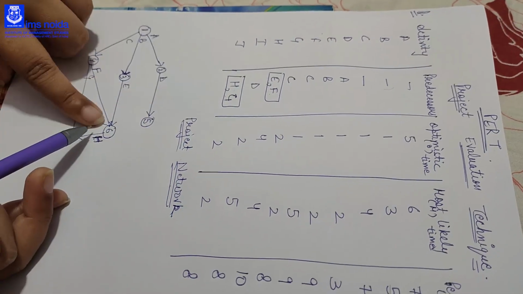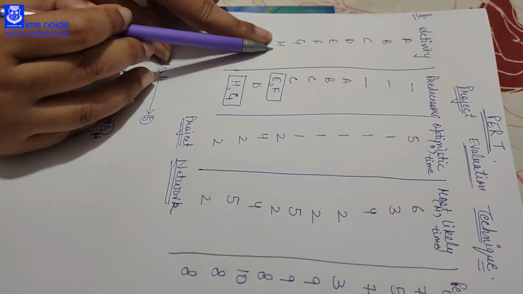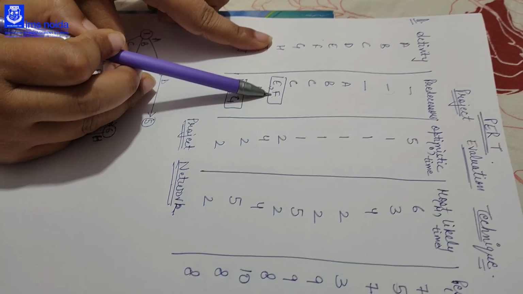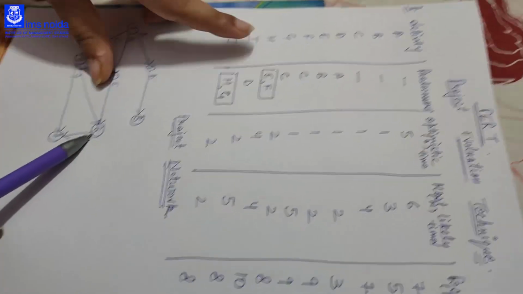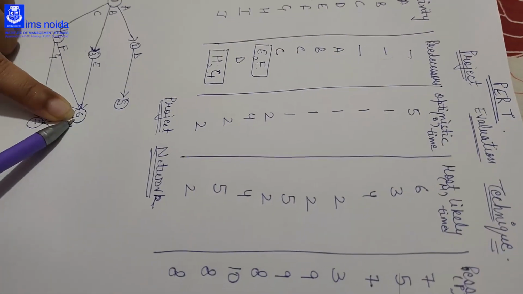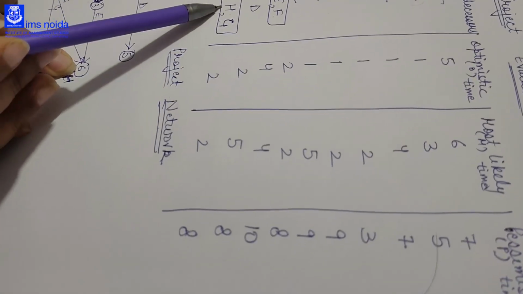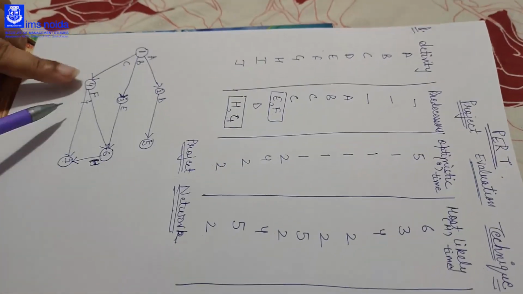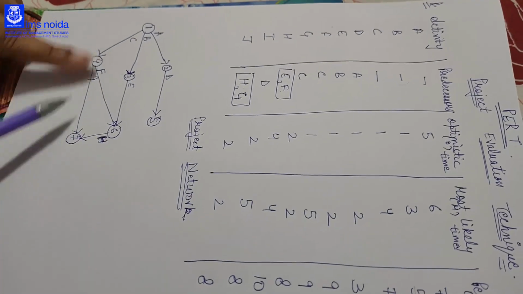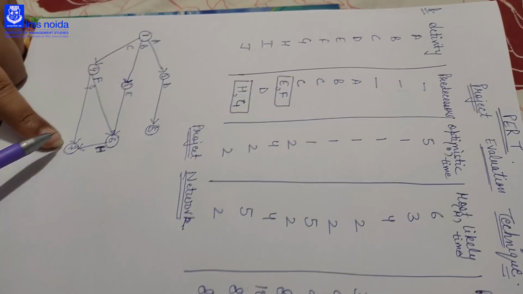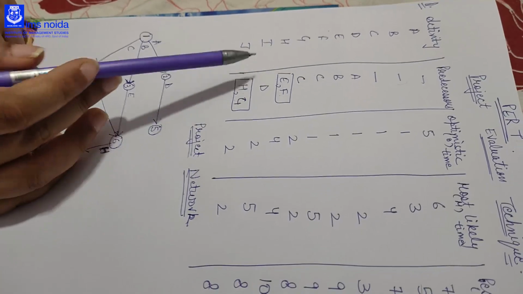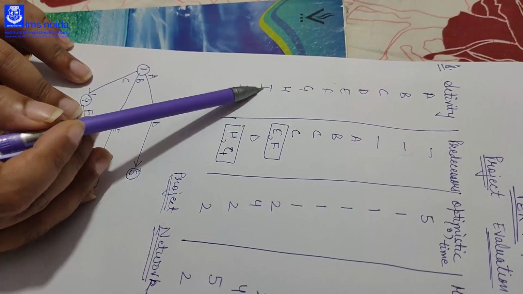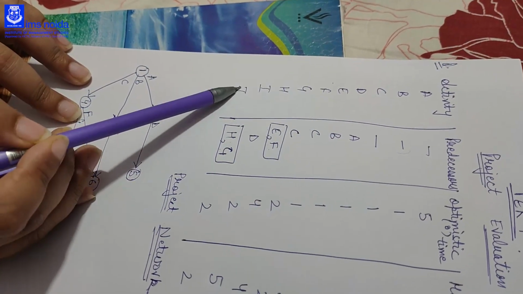Now you can see that H is started with the combined node of E and F, that is 6, and then H has to be combined with G, so we have combined H to the node of G, that is 7. Then two activities remain, I and J, and both activities have to be combined.